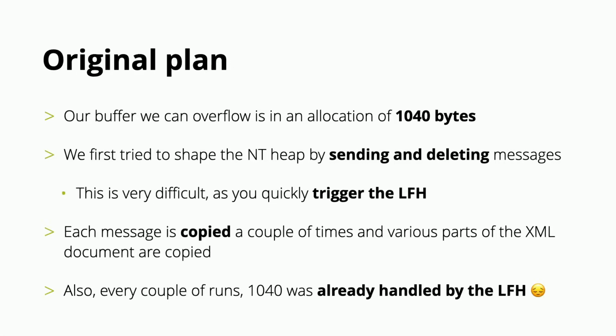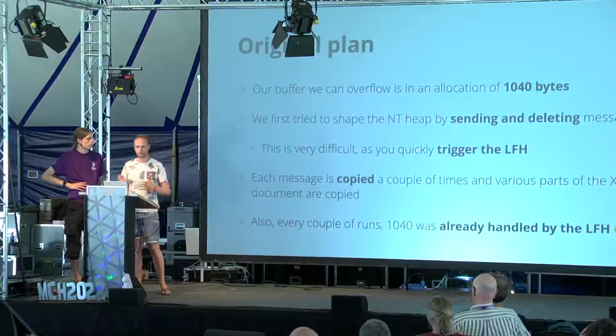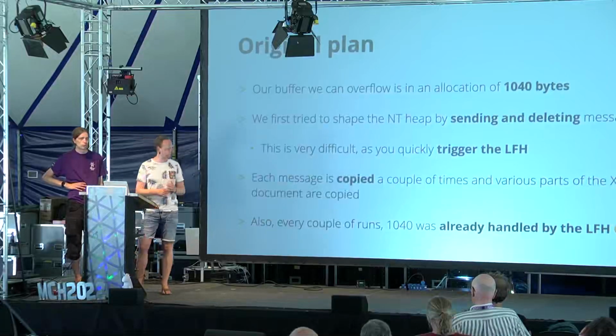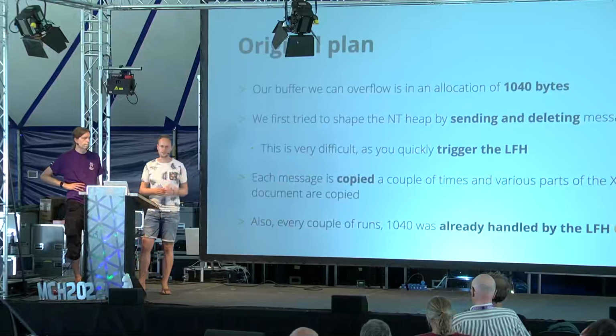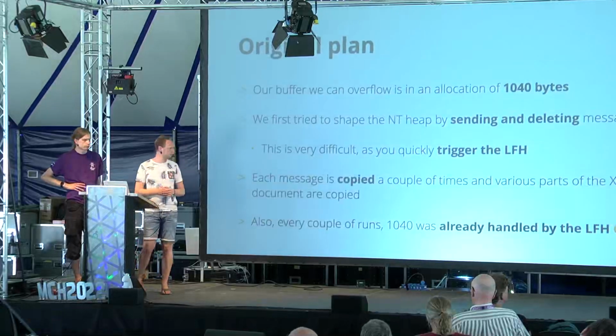It talks to API endpoints, etc. So the heap is really messy. But even if the application didn't do anything else, even sending a single message put the heap in a very unpredictable state, because for parsing a message, it would copy every string 10 times, etc. So shaping the NT heap proved to be very difficult.